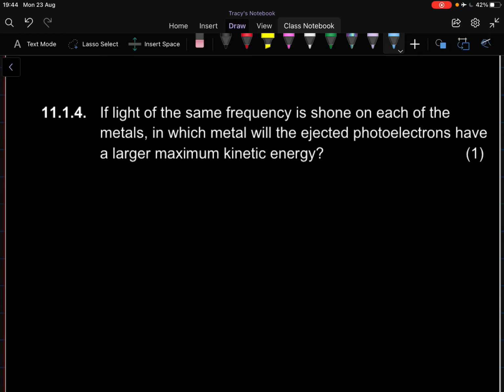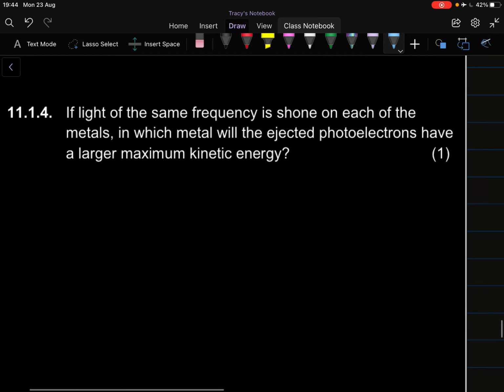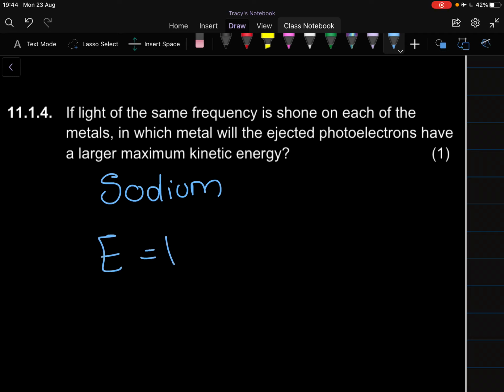If light of the same frequency is shone on each of the metals, in which metal will the ejected photoelectrons have a larger maximum kinetic energy? Sodium. Why? Because sodium has the smaller work function. And remember, when you're looking at the maximum kinetic energy, E equals W0 plus EK max.